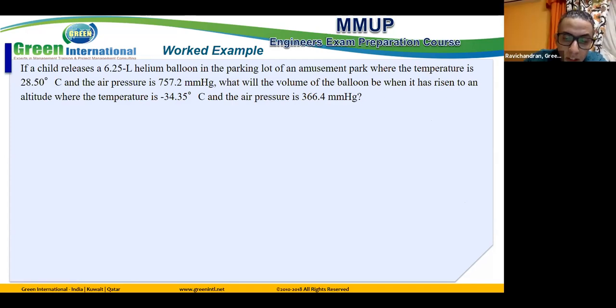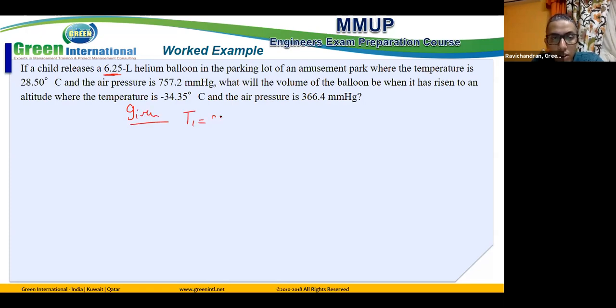This problem is similar to the previous problem, maybe with a different requirement. Here, a child releases a 6 liter helium balloon in a parking lot of a museum. Firstly, write the given.